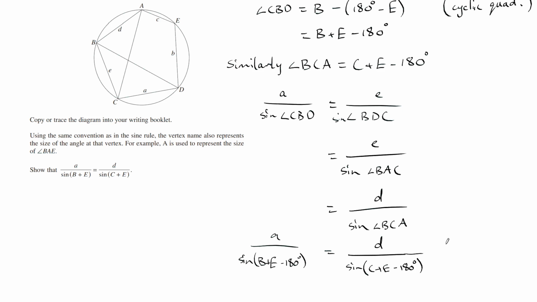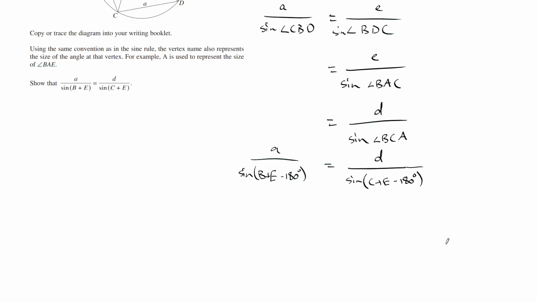Now, if you need a refresher on trig identities, I did make a video on that, so you can check that out if you like. But this is the same as negative sine B plus E. And this one is the same as negative sine C plus E. So then we can just cancel the negatives, multiply both sides by minus 1, and we get that. So that's it for that one.